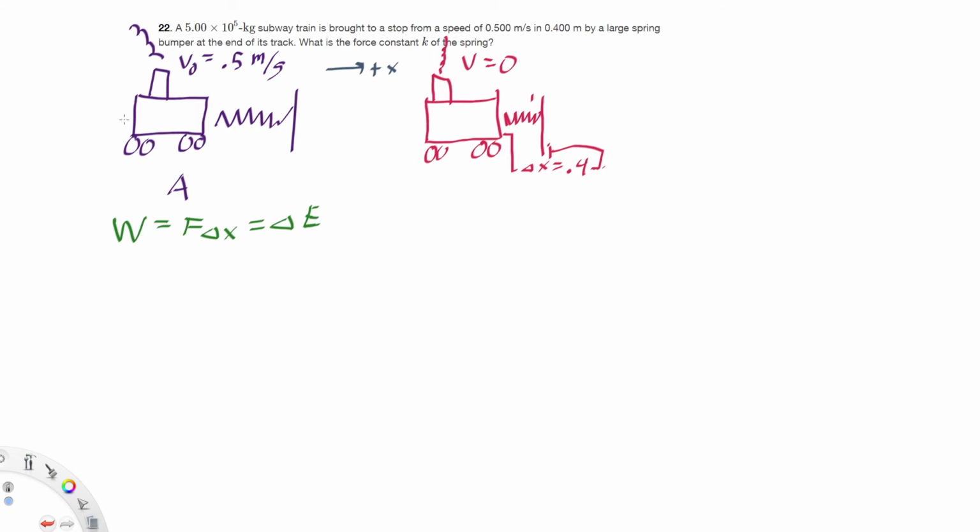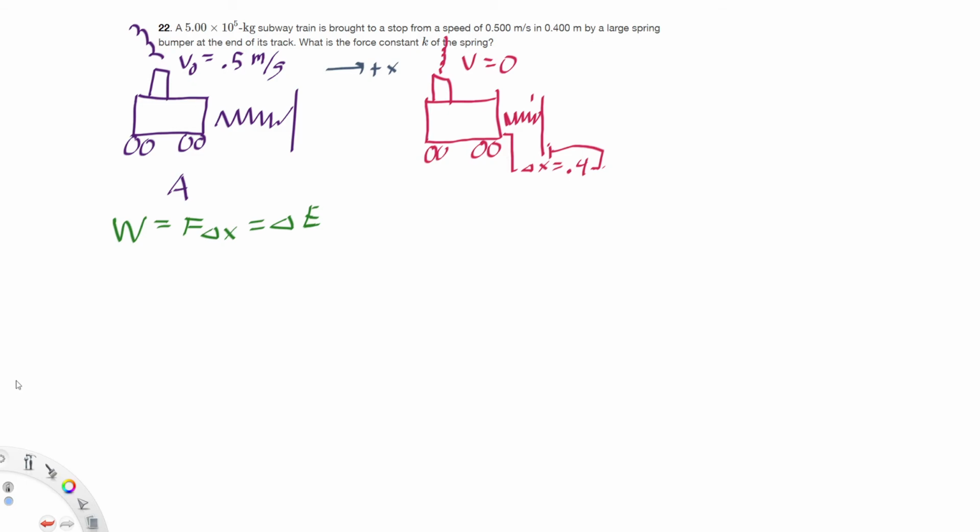But the force done by the spring changes as the spring gets compressed. The more you compress it, the more force it exerts. To deal with a changing force, we would have to use calculus. And we don't want to do that, so that option is right out.